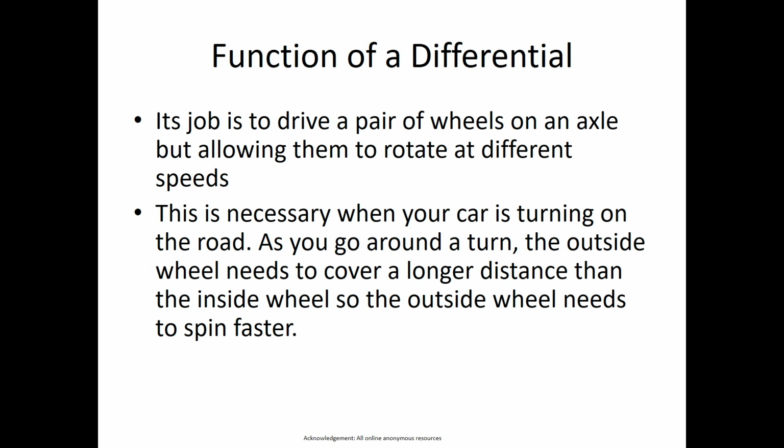It allows them to rotate at different speeds. In other words, the power of the engine through the differential gets distributed differently to different wheels, so that the inner wheel and outer wheel rotate at different speeds. Why is it necessary? As I told you, when you are driving and your car is turning right or left, your outer wheel needs to cover a longer distance as compared to the inner wheel.